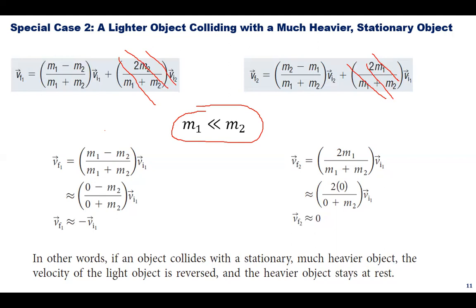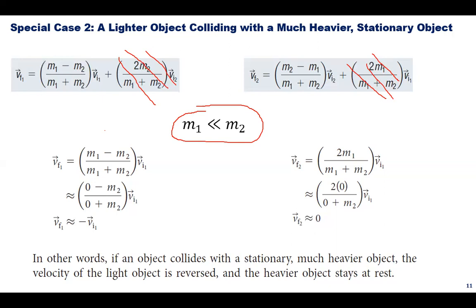On the other hand, VF2 equals 2M1 over (M1 plus M2) times VI1. Again, since M1 is much smaller than M2, we can simplify this approximately to 2 times 0 over (0 plus M2) times VI1, which is approximately 0. So in other words, if an object collides with a stationary, much heavier object, the velocity of the light object is reversed, and the heavier object stays at rest.